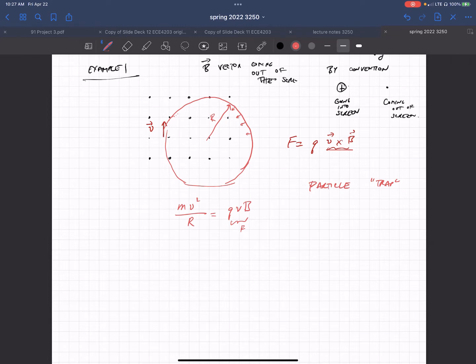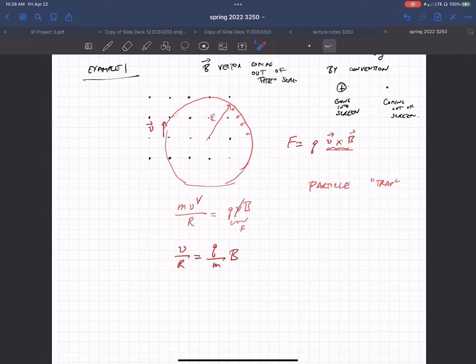So this ratio between the velocity and the radius: the velocities cancel out, so if I just move things around, v over r is q over mB.